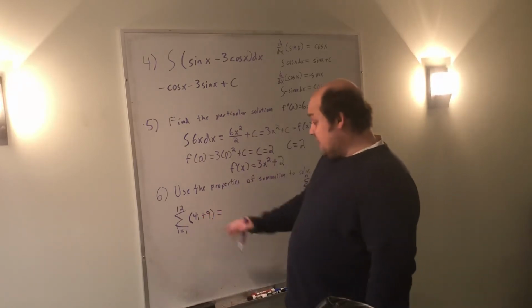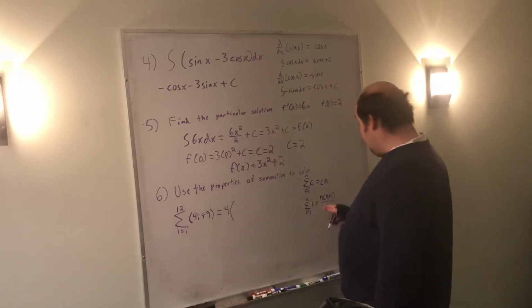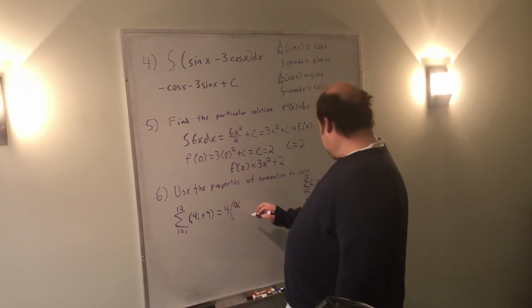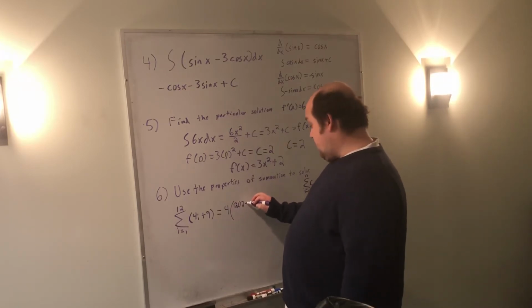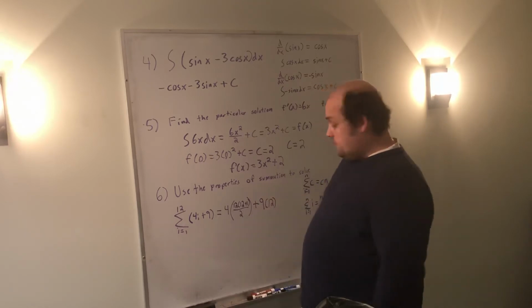So basically what this tells me is that I'm going to have 4 times the summation formula for i, which is n, 12, times n plus 1, 12 plus 1, divided by 2. I'm going to need to add to that 9 times 12.